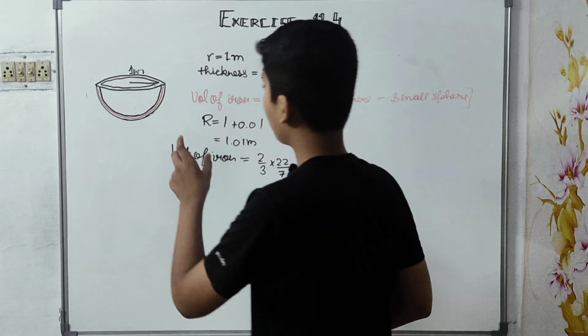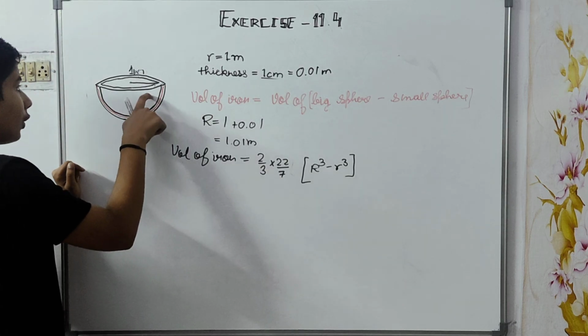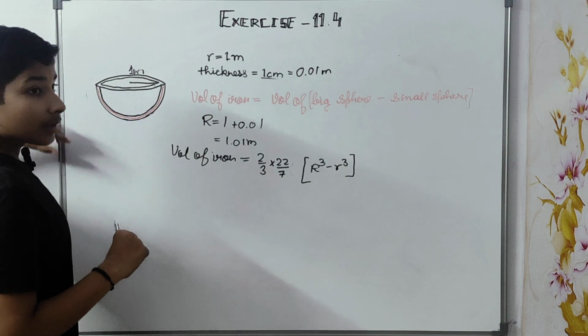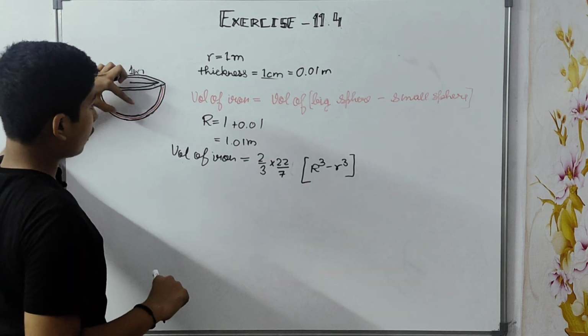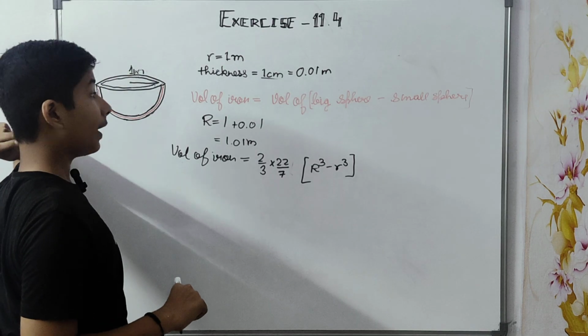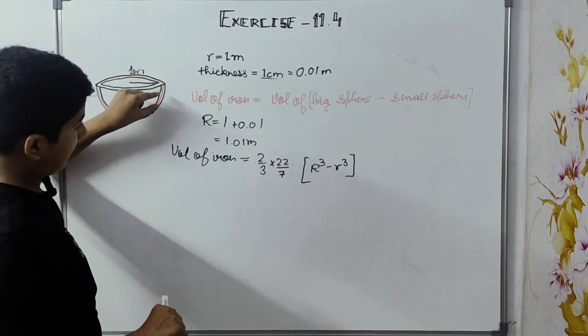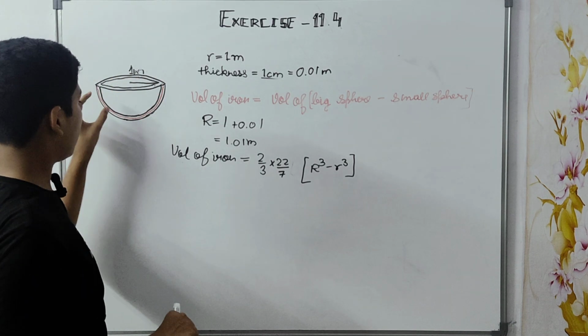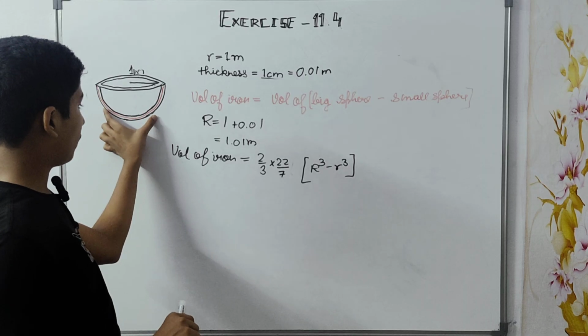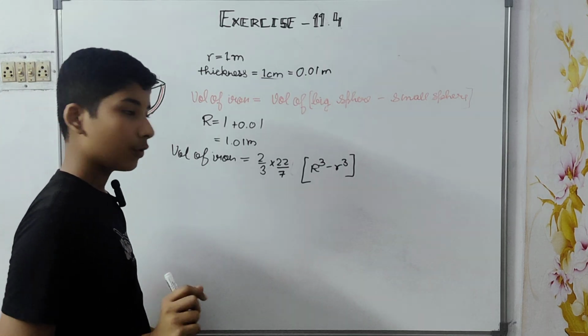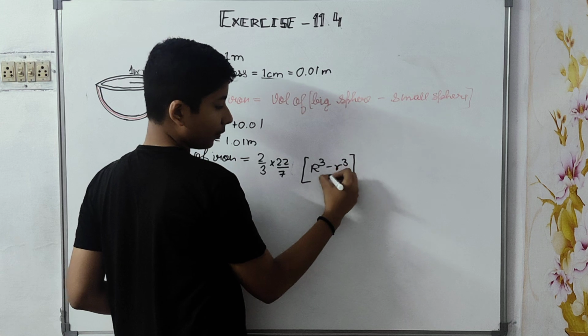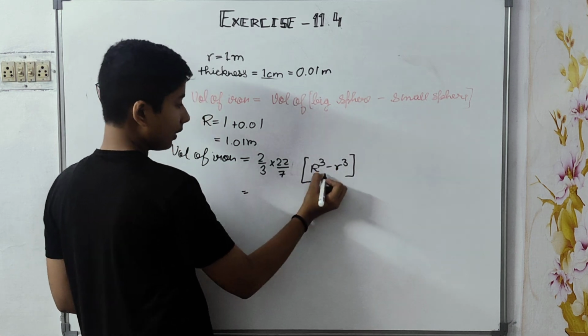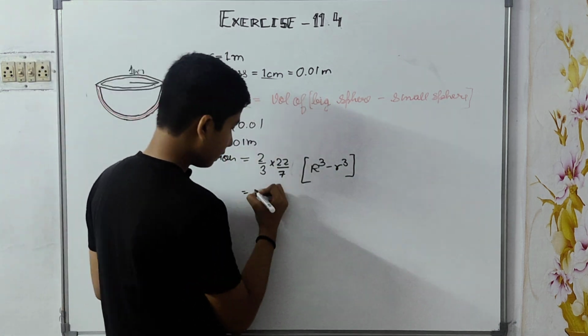See, if it would have been asked what is the volume of tank, then you would have just found out the volume of this tank. But it is asked to find out the volume of this much part. Then you have to do big hemisphere minus small hemisphere. So big R cube minus small r cube. The big radius is 1.01.